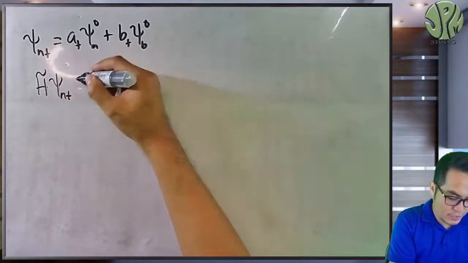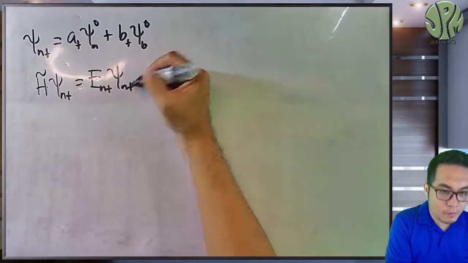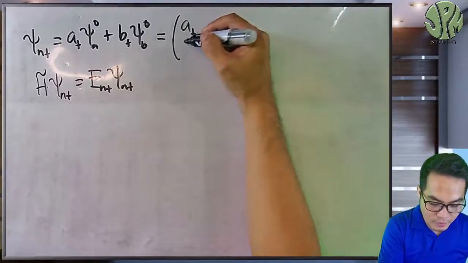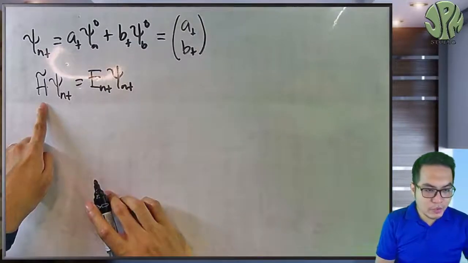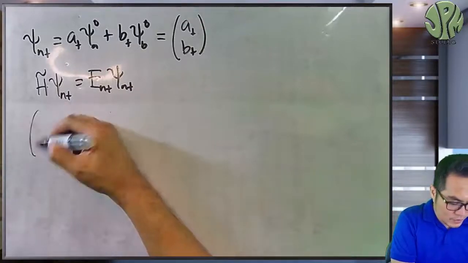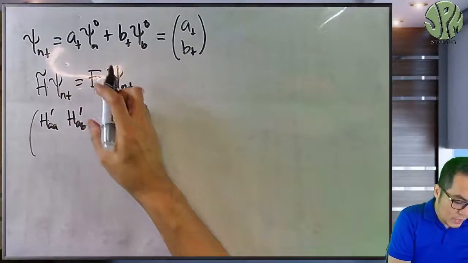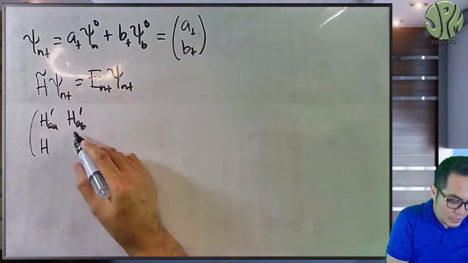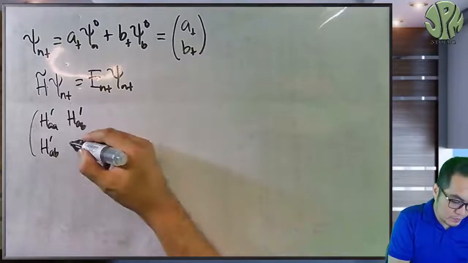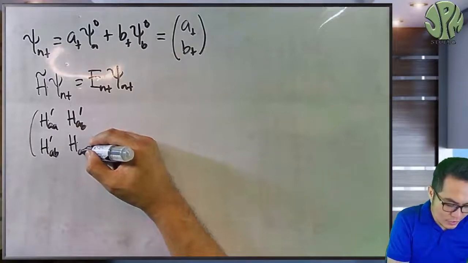We start with psi n plus, and this is En plus psi n plus. In terms of matrix form, this is a plus b plus. We already know the elements of this. You have HAA prime, HAB prime, but HBA prime and HAB prime are the same, so I can also write HBA prime as HAB prime, and since HAA prime is just equal to HBB prime, I can just write this as HAA prime.